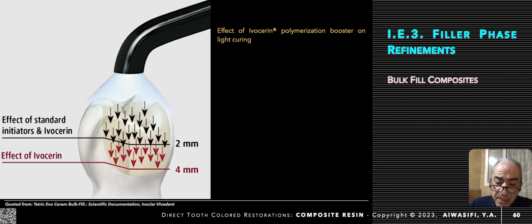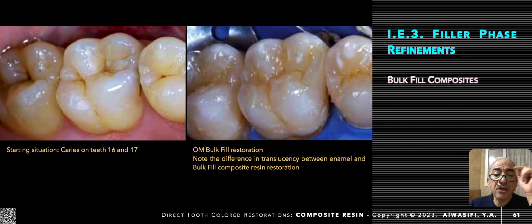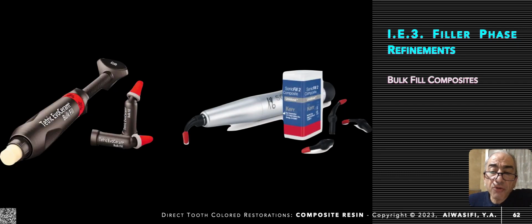But we mentioned that this is negatively affecting the final aesthetic quality, and as you see in the right picture, it seems to be adding some grayish color or grayish effect in your final composite restoration.